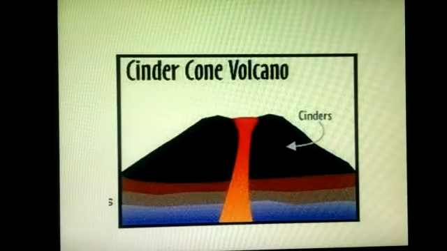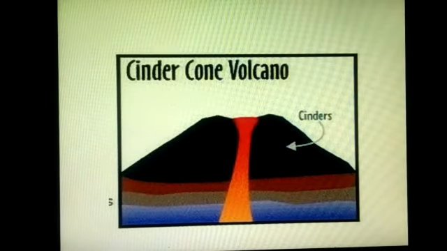Next, cinder cone volcano. In this volcano, silica-rich magma traps gases inside the volcano until enough pressure is built to push the magma out of the earth's crust. This is formed by semi-solid lava ejected from a single vent.